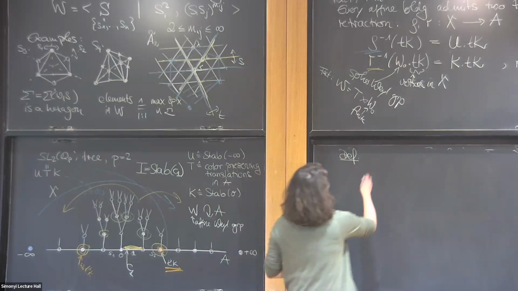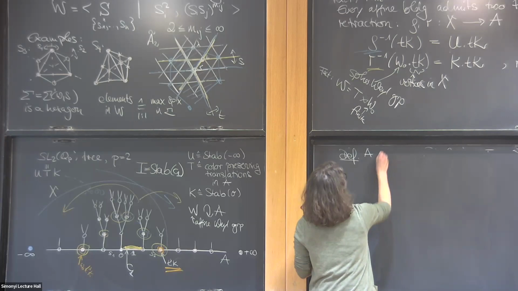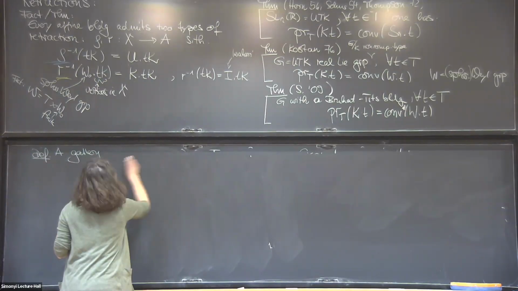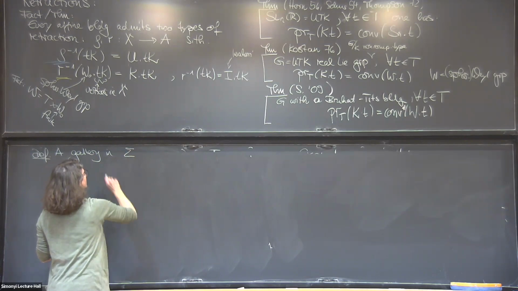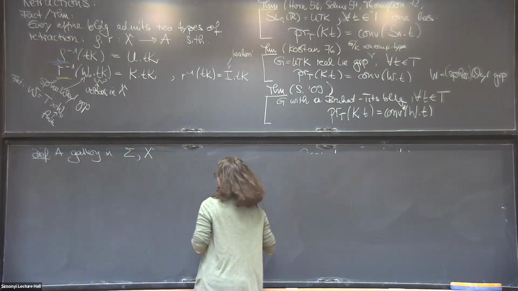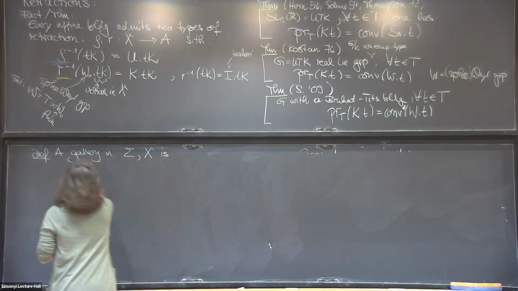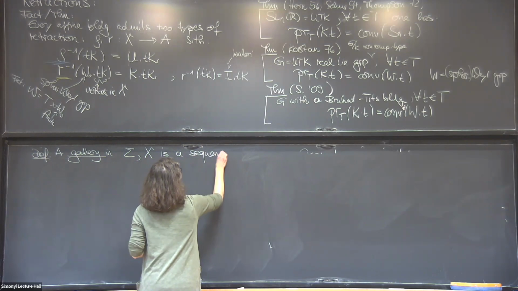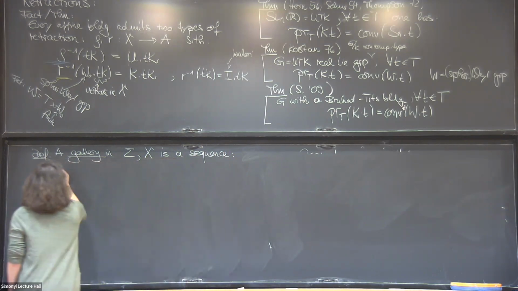Okay, galleries. I promised galleries in my title. A gallery in either one of these Coxeter complexes or in fact in the entire building X is a sequence of simplices of a very specific kind.